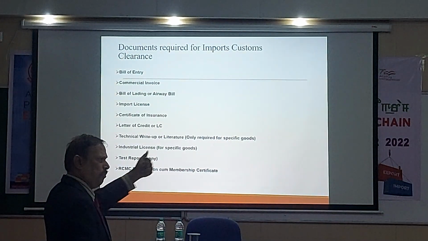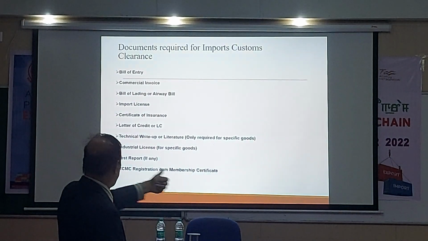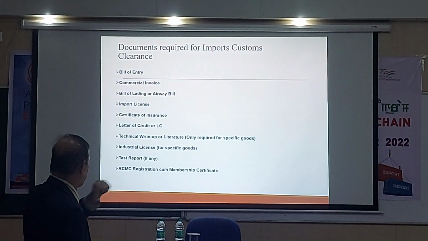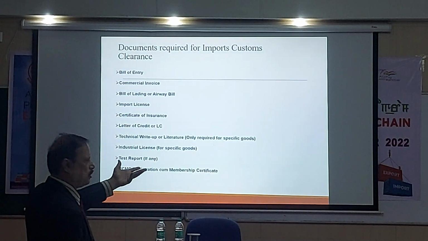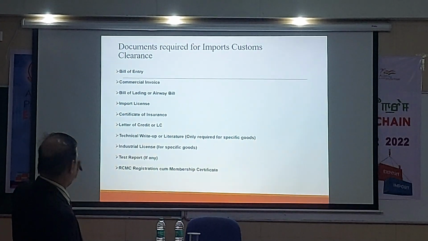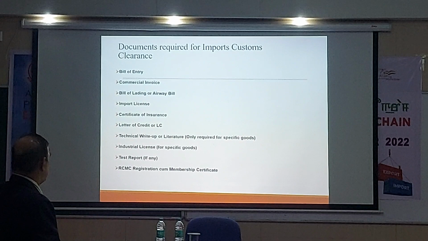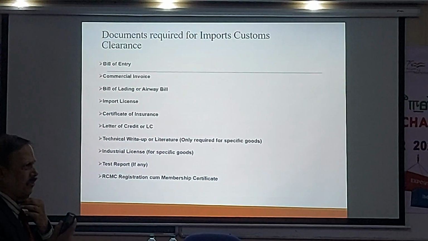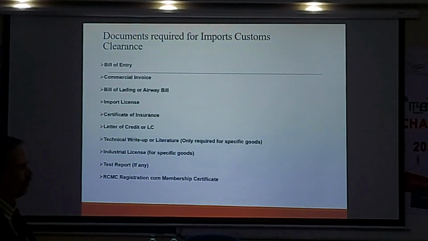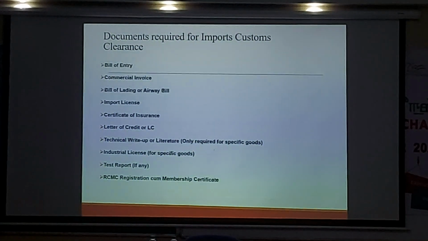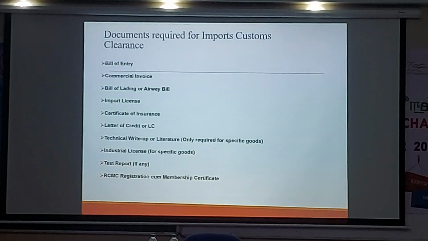Others, the import license, the importer will have. Then the test report and the RCMC you will have. The technical write-up that party will probably provide. The commercial invoice the party will provide. So the import license you will provide here, otherwise that party will provide. Any other question?